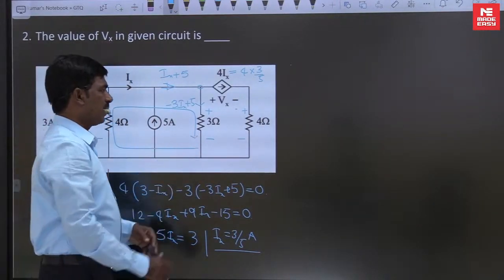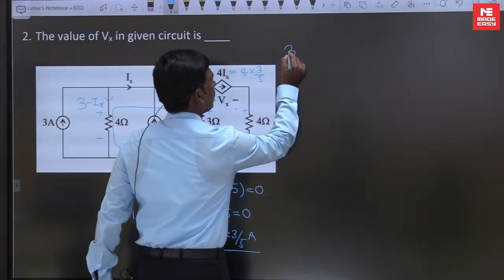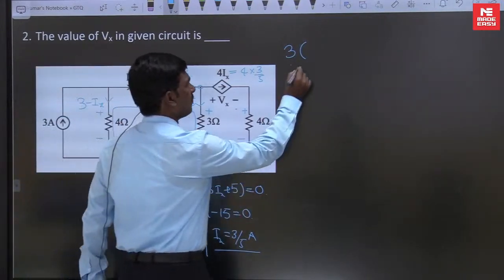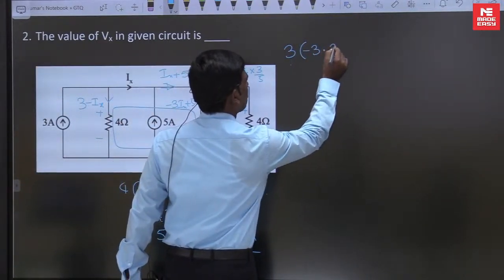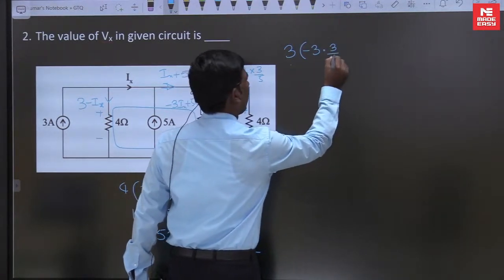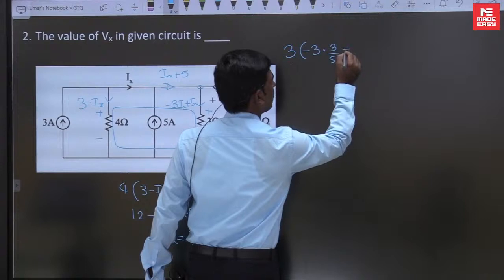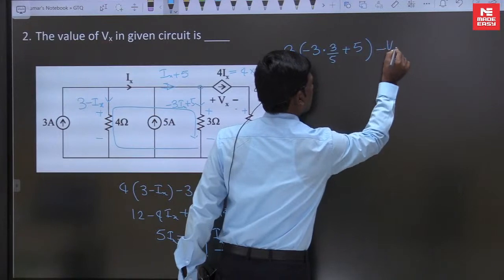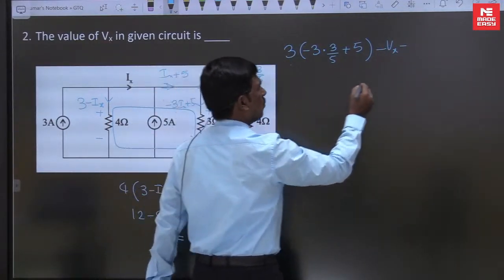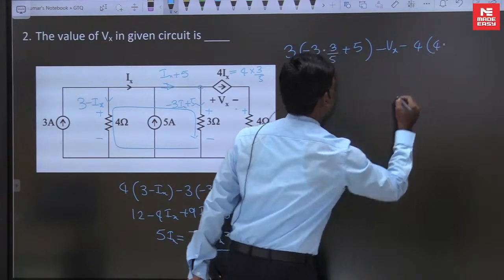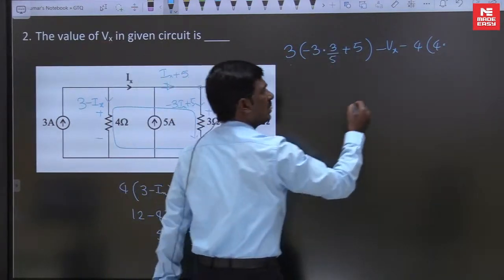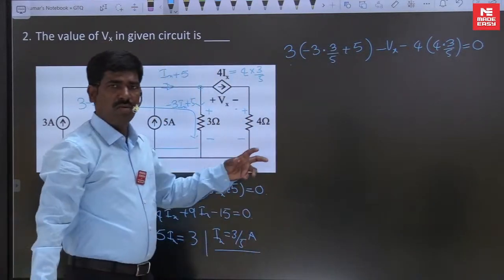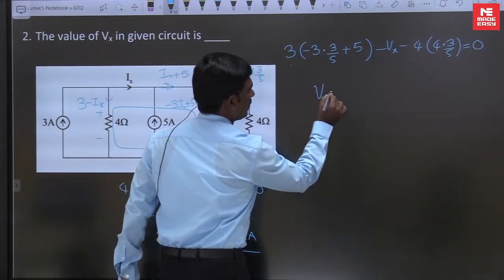So write a KVL here: 3 into (minus 3Ix plus 5), substituting 3 by 5 in place of Ix, and plus 5, plus minus Vx, minus 4 into 4Ix, which is 4 into 3 by 5, is equal to 0. You can solve it. You get a Vx value of 0.